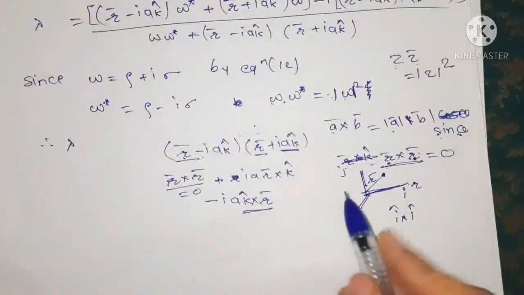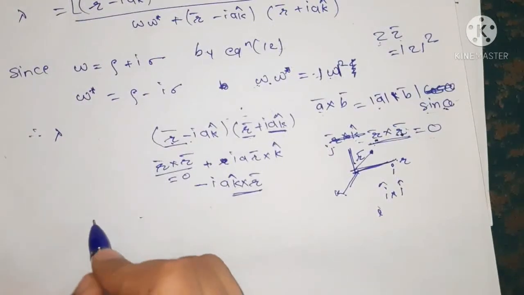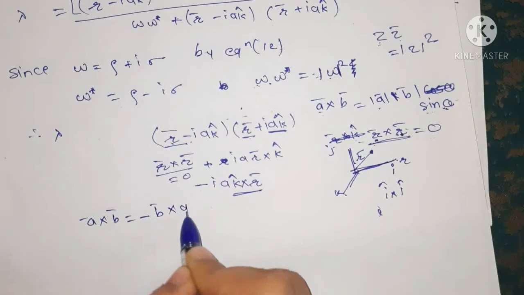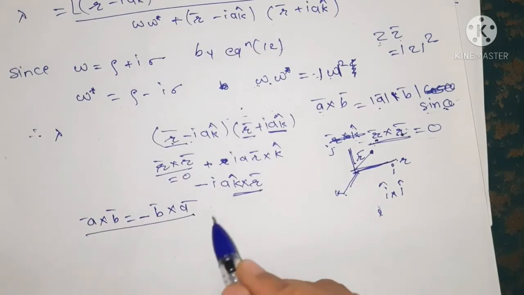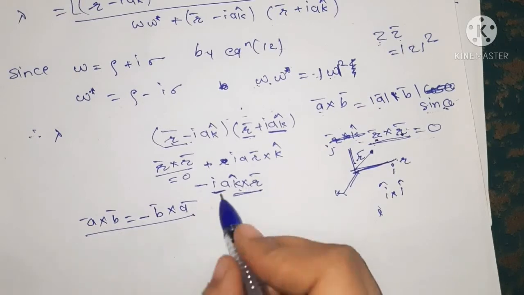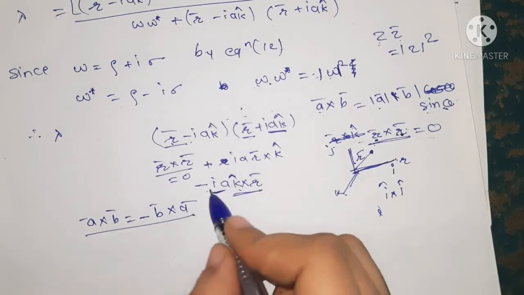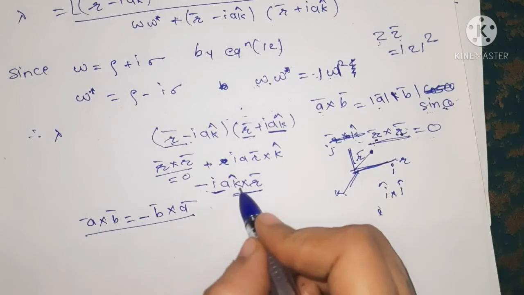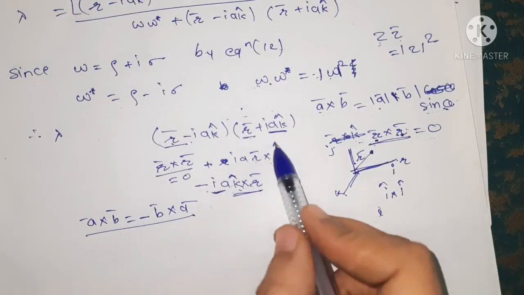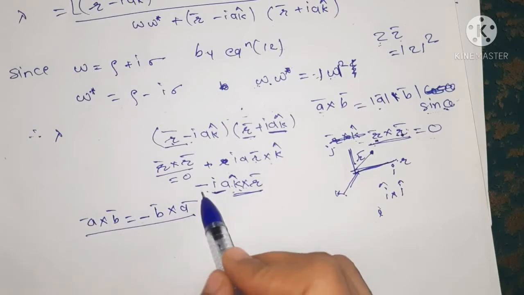Also note that a bar cross b bar will be equal to minus b bar cross a bar in a cross product. So here minus a k cap cross r bar, when we interchange, it is a plus sign, that is when we take k bar cross r bar as r bar cross k cap, this is going to be a plus sign.